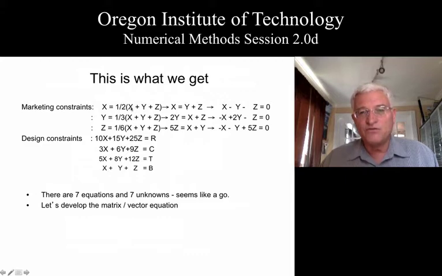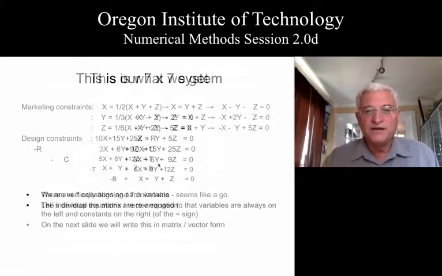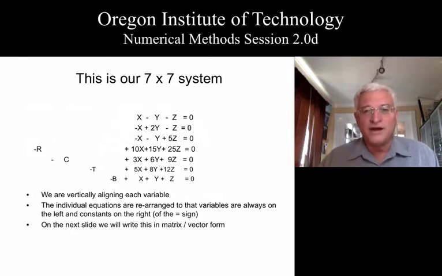And if I just rephrase these more complicated conditions and put them into a matrix system, then I should be able to take these 3 equations, these 4 equations, maybe we want to move R, C, T, and B to the left-hand side after we negate them, to be able to put constants on the right and variables on the left. But after we do that, we end up with a little more organized set of equations, all nicely lined up in columns.